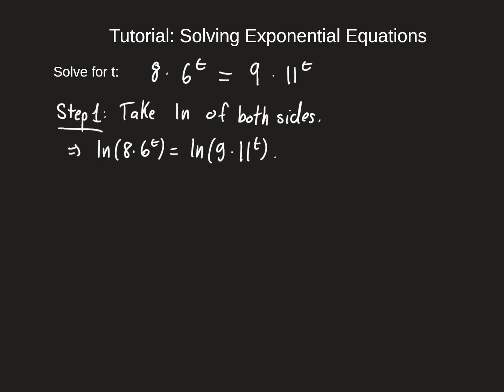Once you've done this first step, once you've taken ln of both sides, you proceed with step 2. And step 2 is just going to be to expand as much as possible.